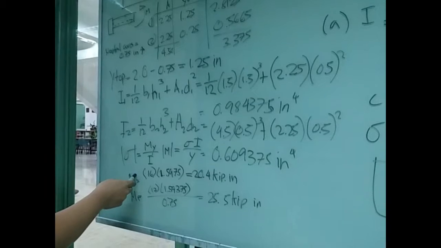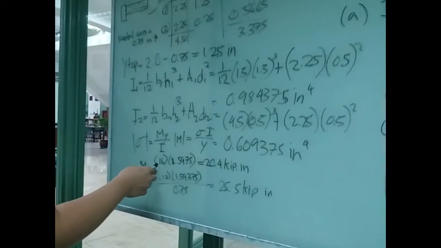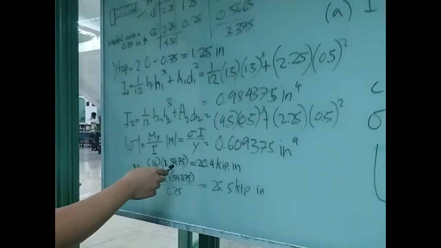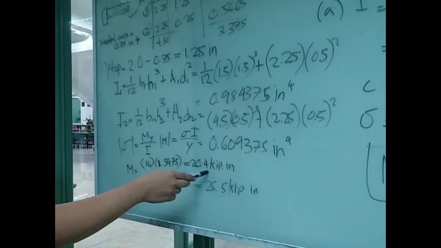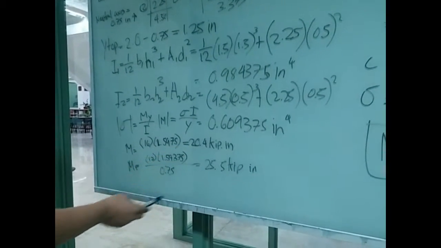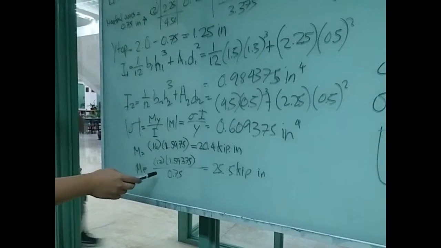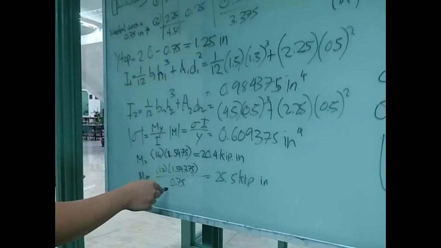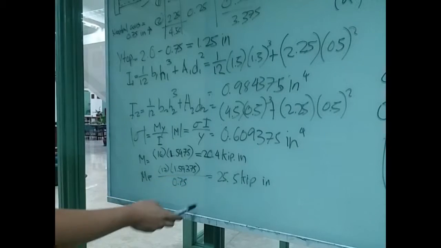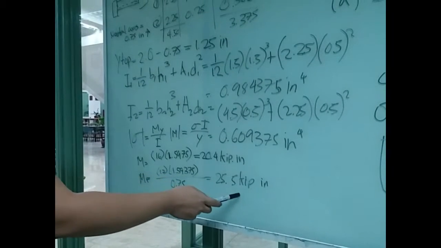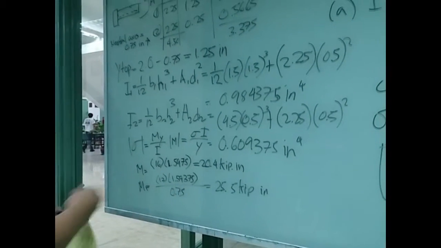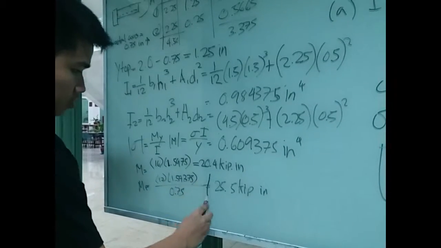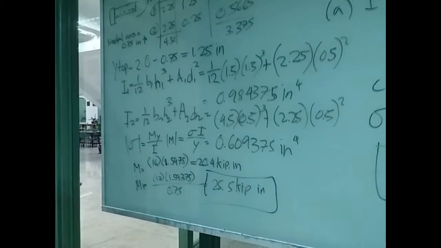So the bending moment in compression is equal to 16 times 1.5975 over 1.25, which is equal to 20.4 kip-inch. So the moment in tension is equal to 12 times 1.5937 over 0.75, which is equal to 25 kip-inch. So the largest is 25 kip-inch.